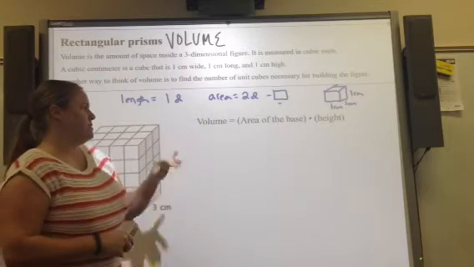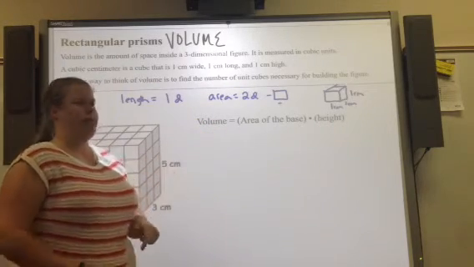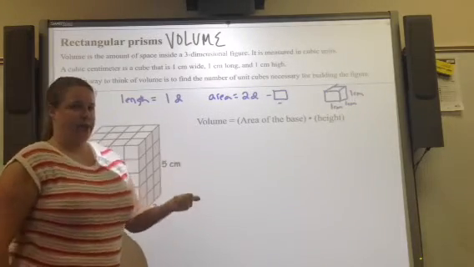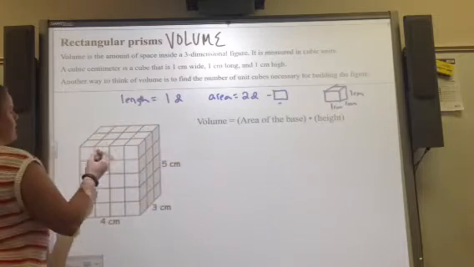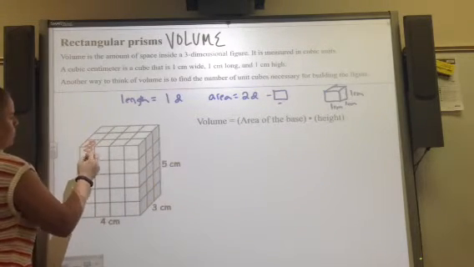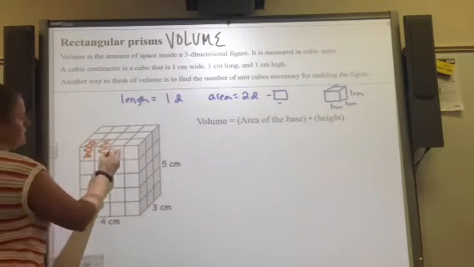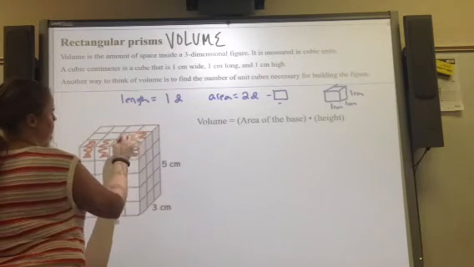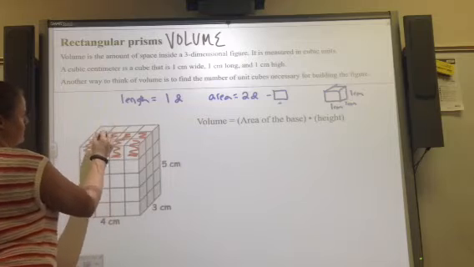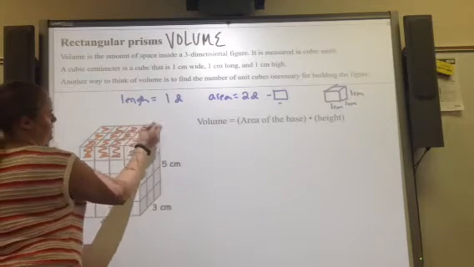The formula for volume is the area of the base times the height of the figure. So if we look at this figure, the area we see is 1 square, 2 squares, 3, 4, 5, 6, 7, 8, 9, 10, 11, 12.